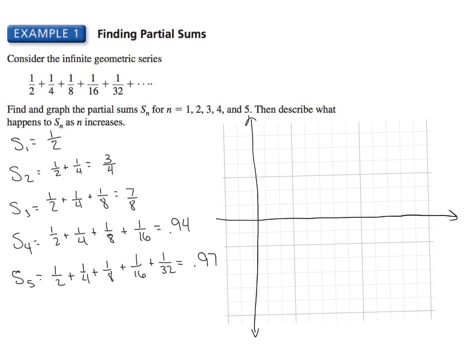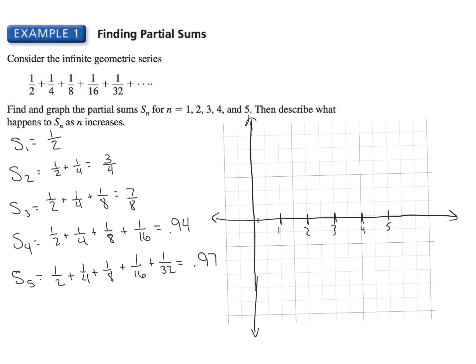The reason why I did this is because we're only looking at positives, so there's no point in me going anything smaller than 0. All right, so this is 1, 2, 3, 4, 5. I have it zoomed in and scaled so that it looks a little better, because we are using such small numbers. There we go, that's a little more accurate.